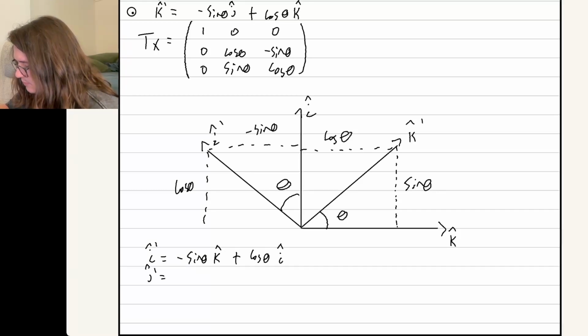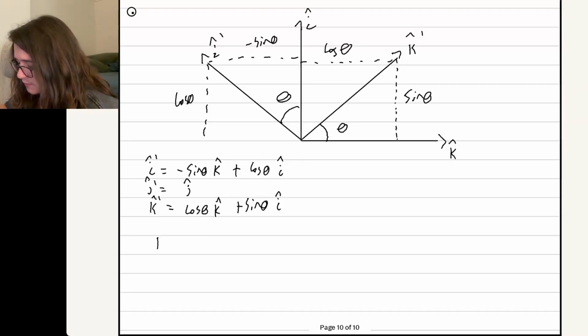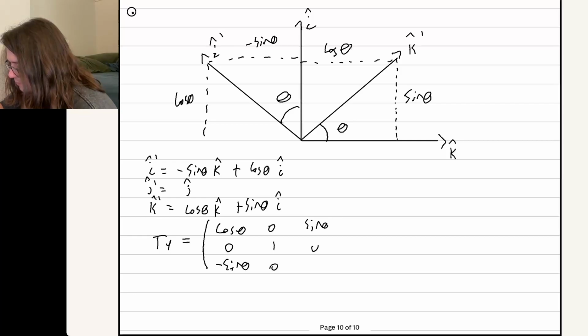J hat prime is equal to j hat. K hat prime is equal to cosine theta k hat plus sine theta i hat. So the new rotation matrix T sub y, just writing it down from the equations, is cosine theta, 0, minus sine theta for i hat prime, 0, 1, 0 for j hat prime, and sine theta, 0, cosine theta for k hat prime.